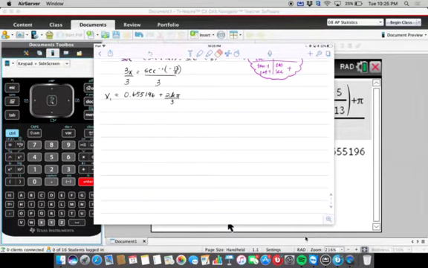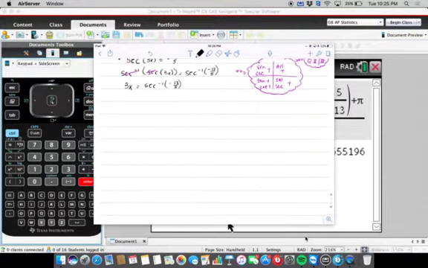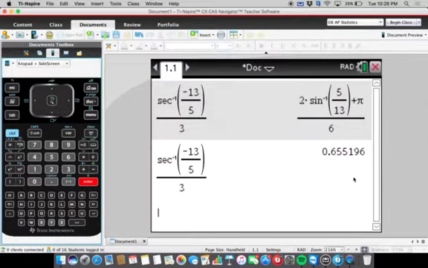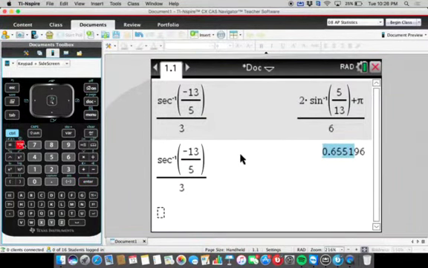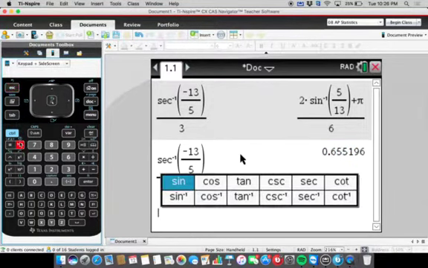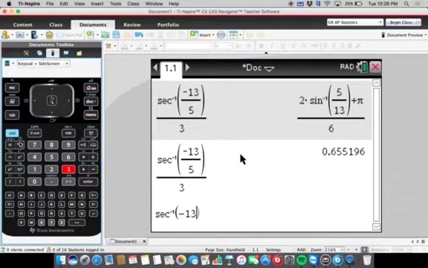Let me backtrack a little bit, to not confuse you. This is what we had originally: 3x is equal to inverse secant of negative 13 over 5. Let's find the value. Control enter.